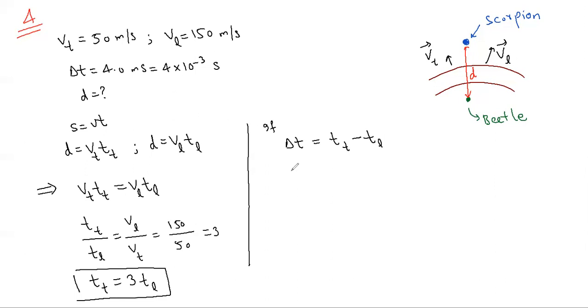So since this number equals 4 multiplied by 10 to the power minus 3, and t sub t is 3 t sub l minus t sub l, so this will be 2 t sub l. Simplification will yield t sub l equals 2 multiplied by 10 to the power minus 3 second, or 2 millisecond.